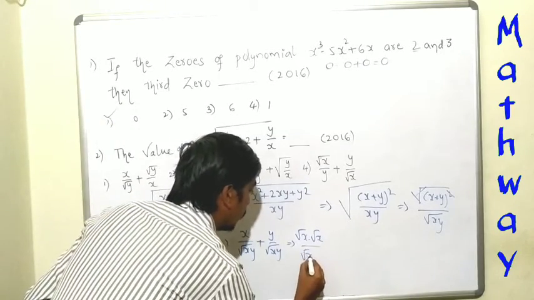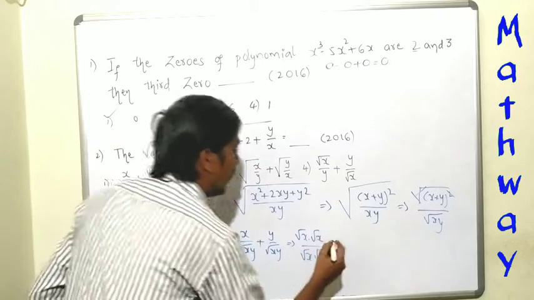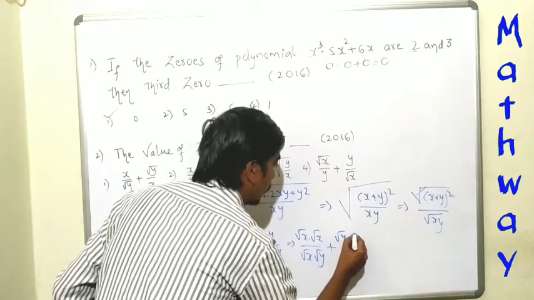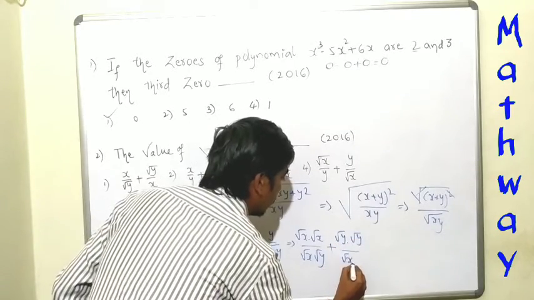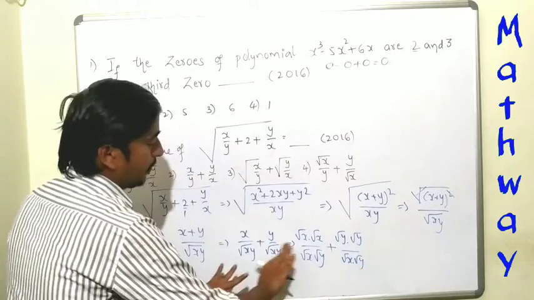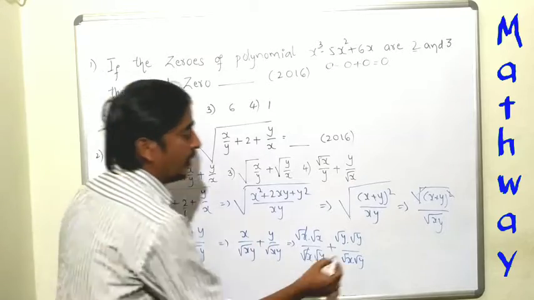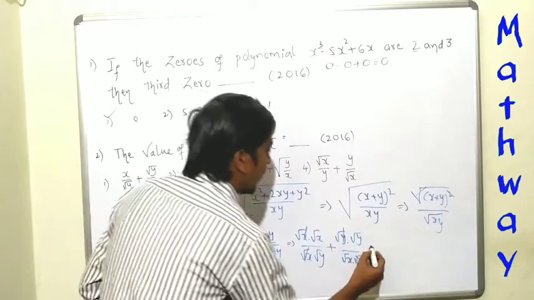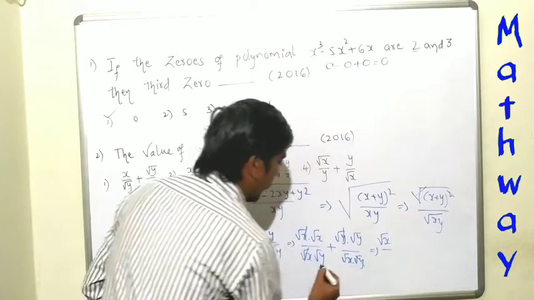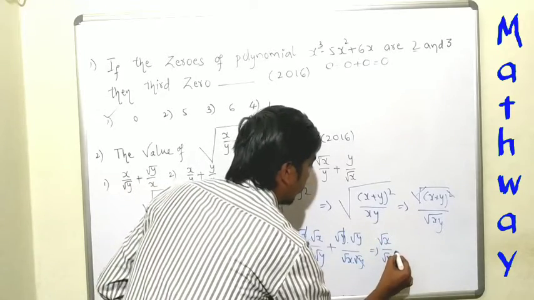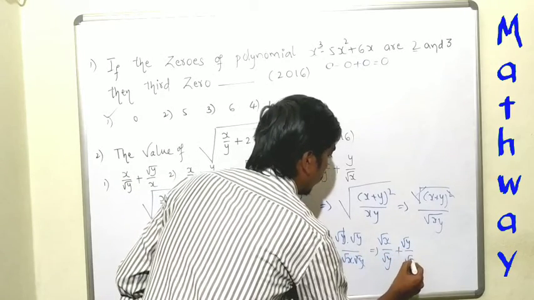So it becomes root x into root x by root x into root y, plus in the same way y as root y into root y by root x into root y. Root x gets cancelled, root y gets cancelled. So what is left here? Under root x by root y plus root y by root x.